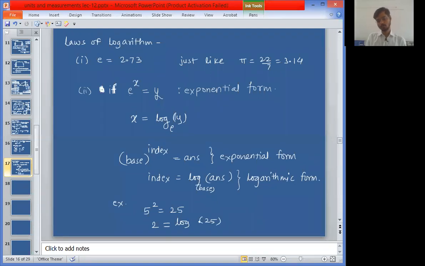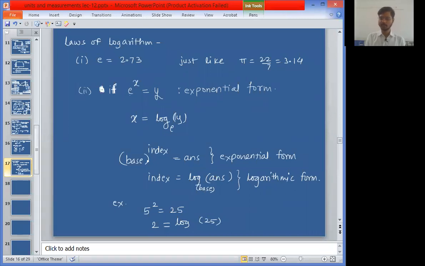Log च्या बरोबर रेषेमध्ये काय लिहायचं? In the line of log you have to write 25. Log of answer to the base b. So index 2 is equal to log of answer.